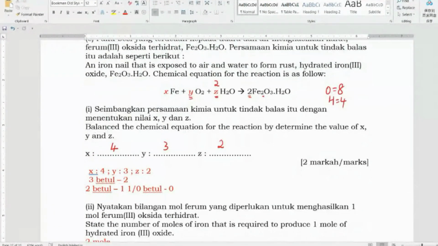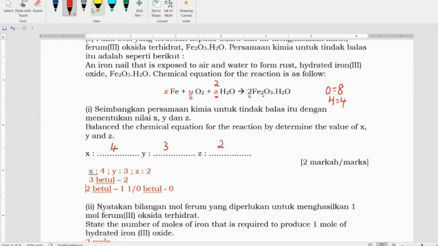Okay, next, state the number of moles for iron that is required to produce 1 mole of hydrated iron 3 oxide. So iron 3 oxide is here. So if 1 mole, this one is 2 moles, right?